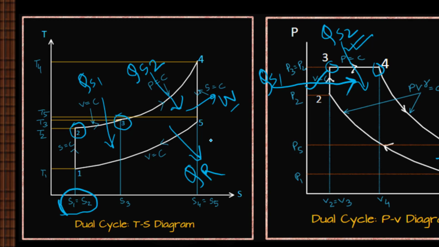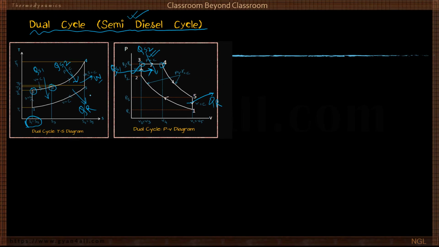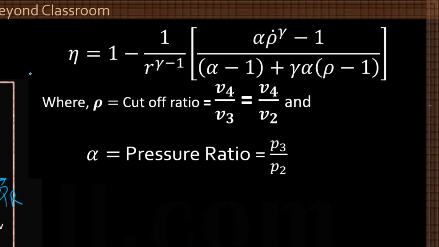Okay, if we analyze this dual cycle, ultimately we will get a formula like this. The efficiency of the dual cycle is 1 minus 1 by RC to the power gamma minus 1, where RC is the compression ratio, and in the bracket there will be alpha into rho to the power gamma minus 1 divided by alpha minus 1 plus this one.